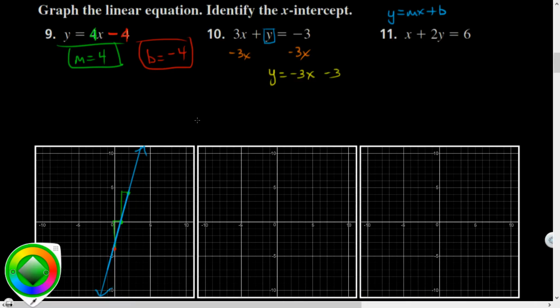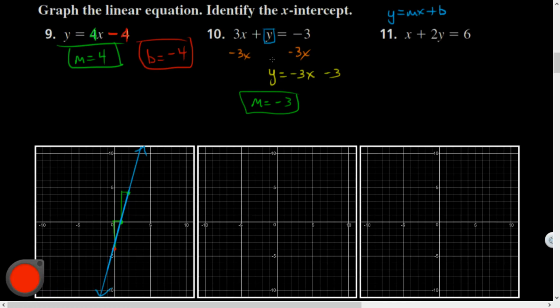So what is the slope? The number in front of the x, -3. And because I moved the 3x to the other side, I got it in slope-intercept form. And what is the y-intercept? It's the constant, the number that's after the x.